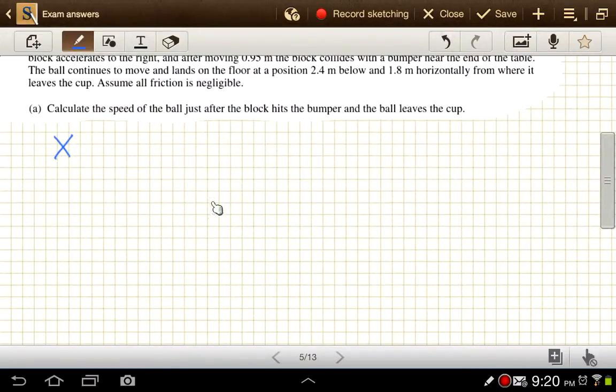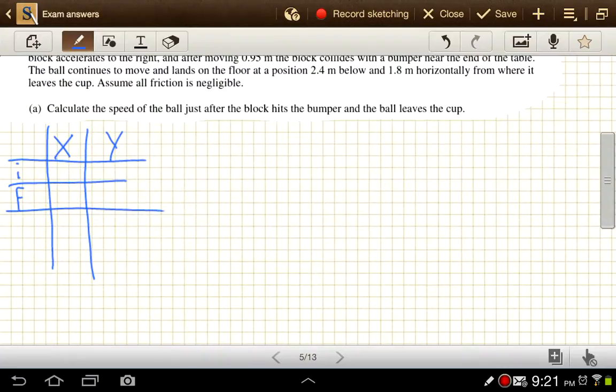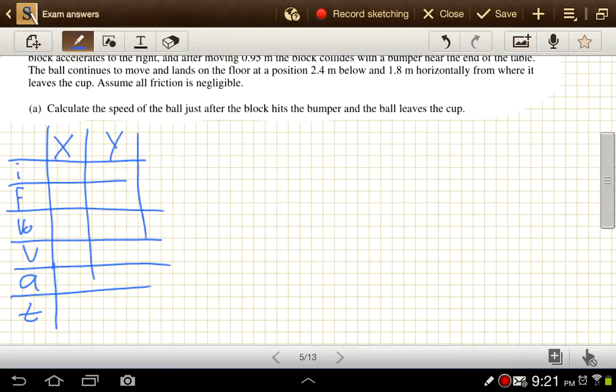We'll have information in the x direction and in the y direction. So we look at our initial position and final position, initial velocity and final velocity and acceleration, and then remember, time is the only one that doesn't get divided up into x and y separately.